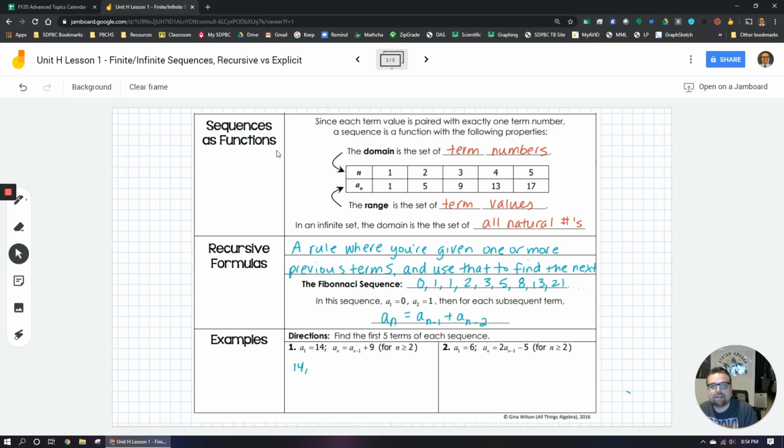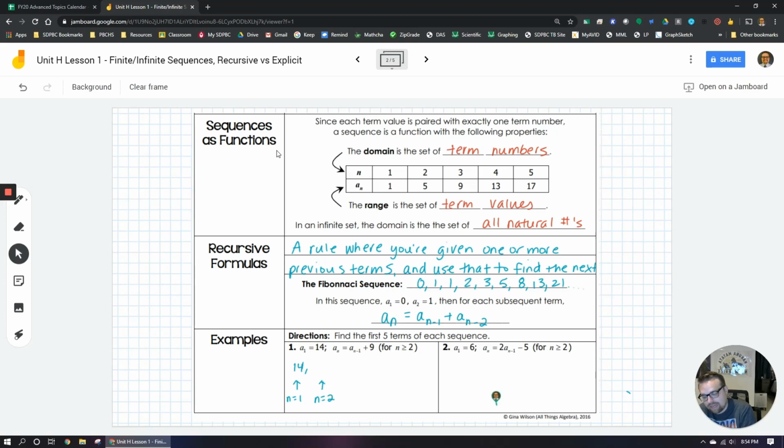I need to find the second term, third term, fourth term, and fifth term. What I'm going to do is, if this is n equals 1, the next term is going to be when n equals 2. So if n equals 2, let's plug that into our rule here.